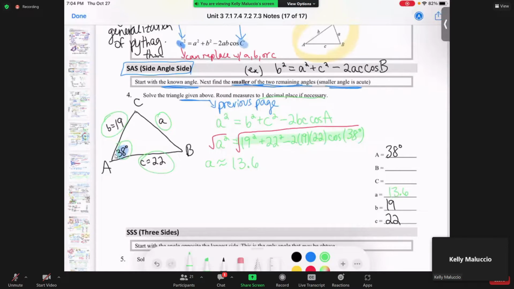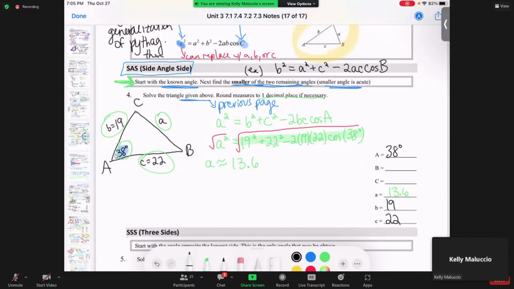Okay, so I think now the advice is, once all the sides are known, this is where it's saying start with the known angle and find the smaller of the two. It doesn't really matter in this case, because what we do now, you might think, what the heck do you do now? Well, you could use law of cosines again and try to find the angle, but that's a lot of work and you'd have to solve for the cosine and then take the inverse.